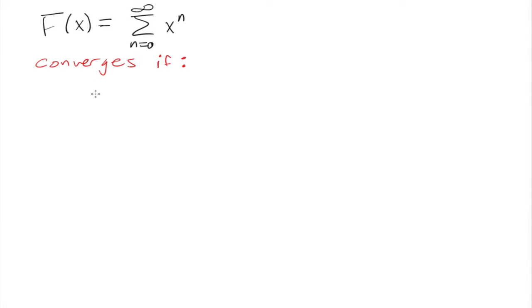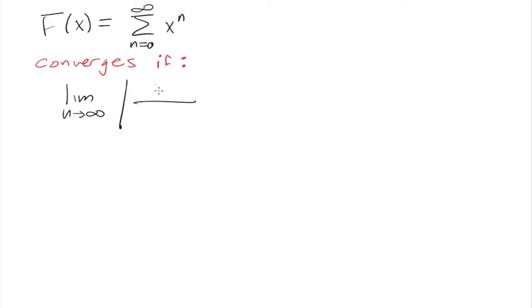So this is going to converge if the limit, as n goes to infinity, of a sub n plus 1 over a sub n, and x to the n plus 1. So what is a sub n in this case, actually? That's 1 times x to the n. It's just the number 1, right?